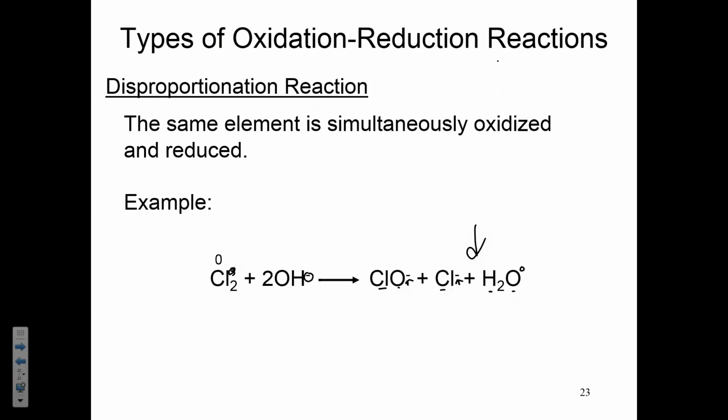Okay, so rules are free elements are always 0. So there's my free element, unless otherwise indicated. Okay, so if we look at this Cl negative, we know it's going to be a -1. If we figure it out for this compound, again, 0, 0, square, square, square.